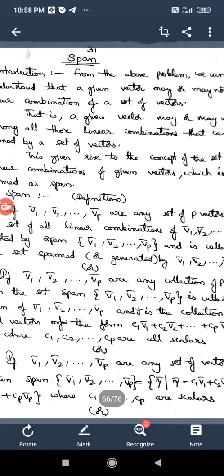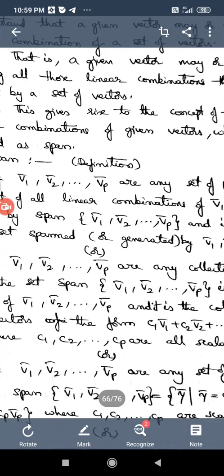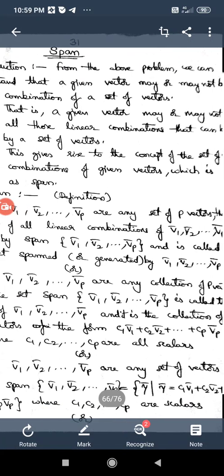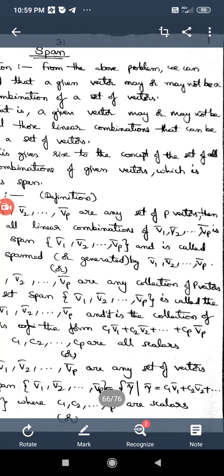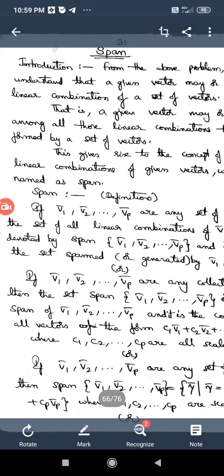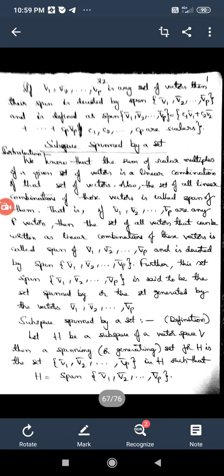In set builder form, it is the set consisting of vectors gamma bar such that gamma bar is equal to c1 v1 plus c2 v2 plus so on cp vp, where c1, c2, so on cp are scalars. So span is the set of all linear combinations.